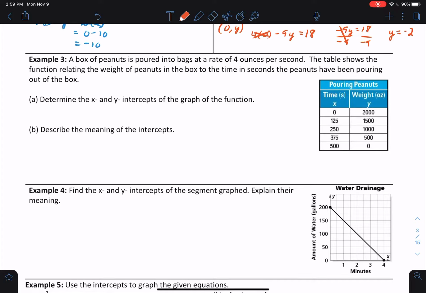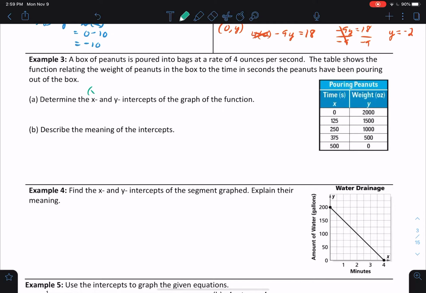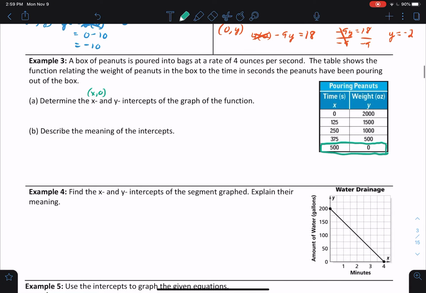So x-intercept is x comma 0. So where is my y value 0? Right here. Okay, so the x-intercept is 500 comma 0.